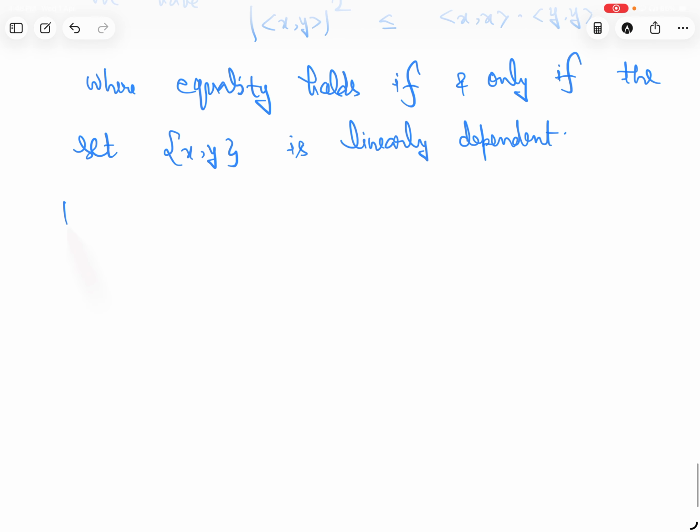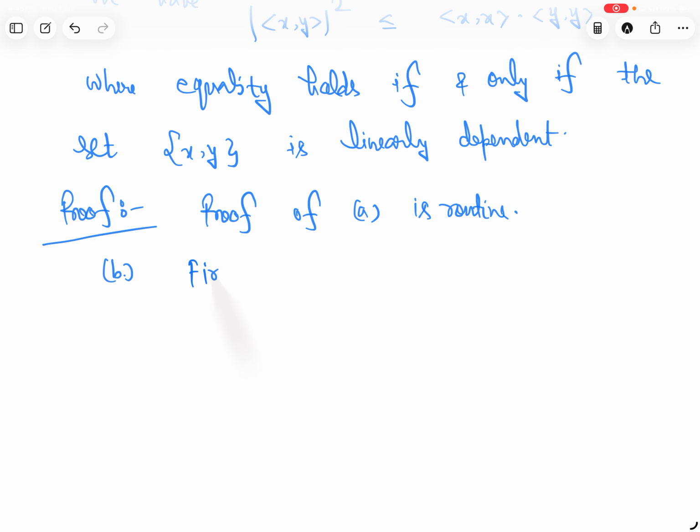So the proof of part A is trivial. You can expand the right hand side. So the proof of A is routine. Okay. So what is the proof of B?